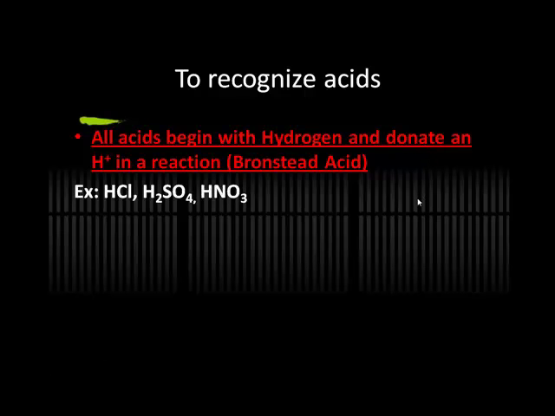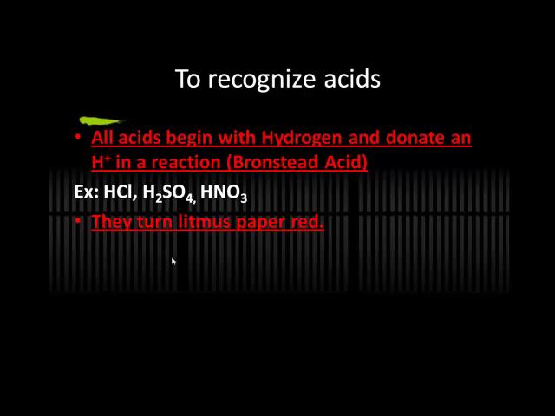Some examples here: HCl, H2SO4, HNO3. Notice all of these chemical formulas start with an H. The H is actually the positive ion, and the NO3, SO4, and the Cl are the negative ions. So an acid is, for most cases, a molecule that has H as its positive ion.